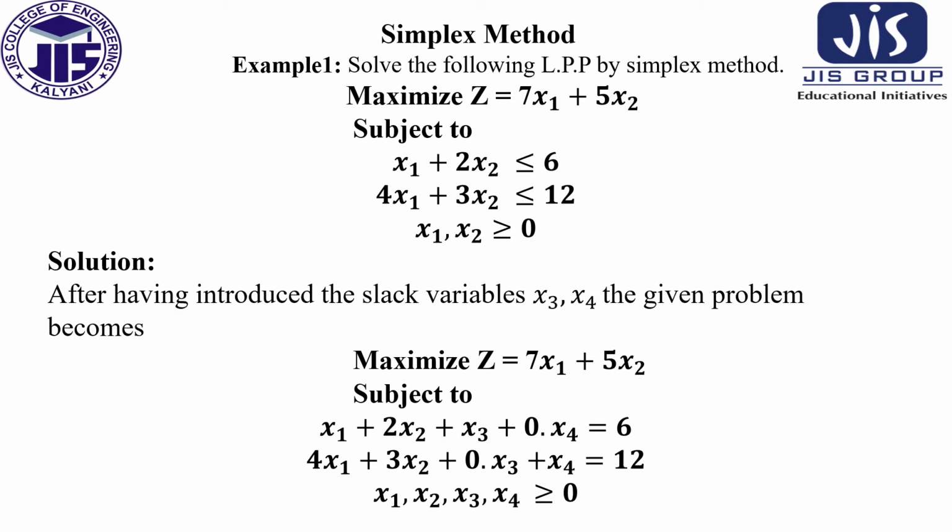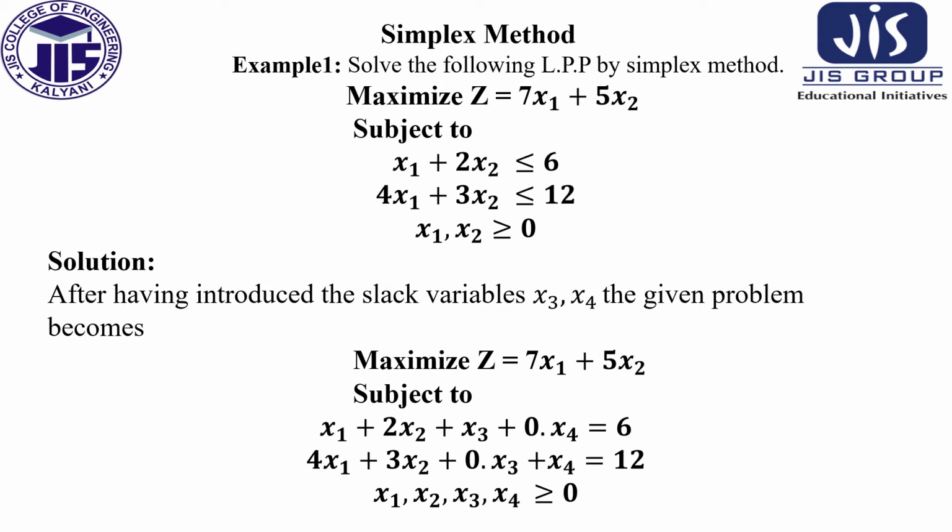Maximize z equal to 7x1 plus 5x2 subject to x1 plus 2x2 plus x3 plus 0 into x4 equal to 6, and the second constraint will be 4x1 plus 3x2 plus 0 into x3 plus x4 equal to 12. In the first constraint x4 is not the slack variable, so that's why its coefficient is 0.